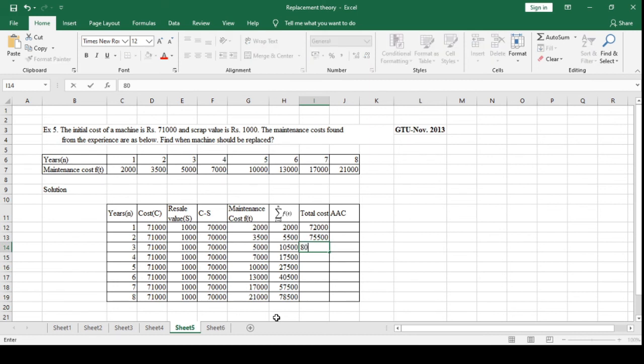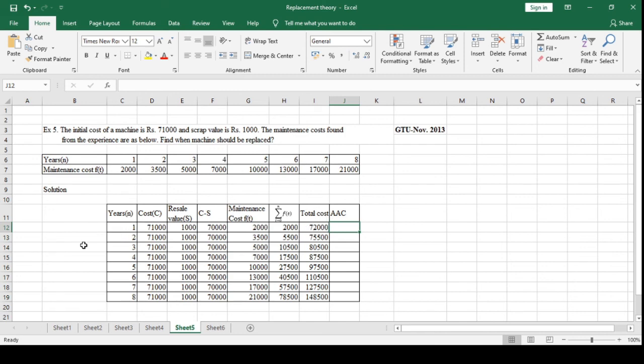For the next year 80,500, for the next year 87,500, for the next year 97,500, next year 1,10,500, for the next year 1,27,500, and for the last year 1,48,500.